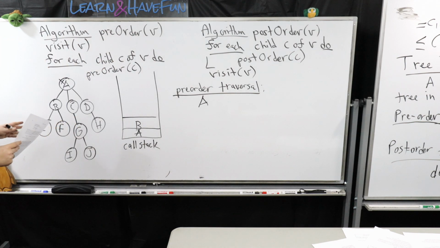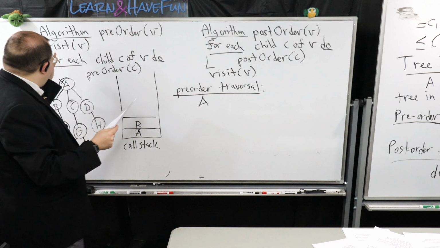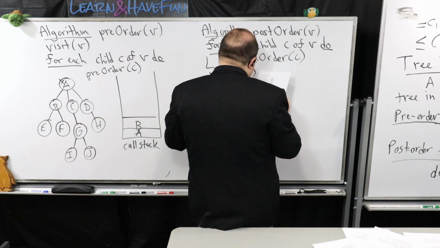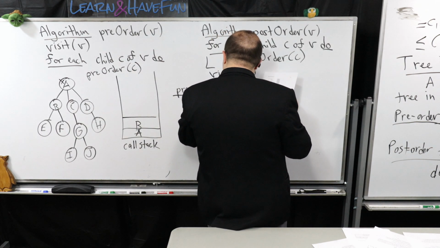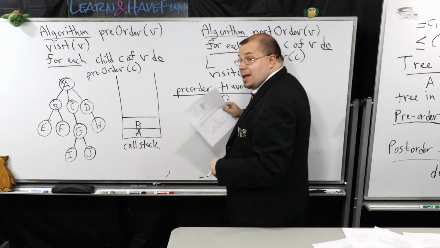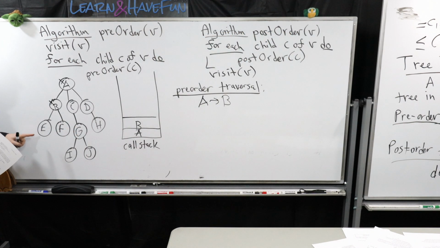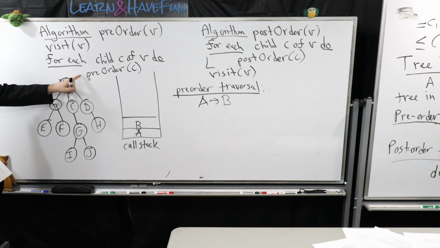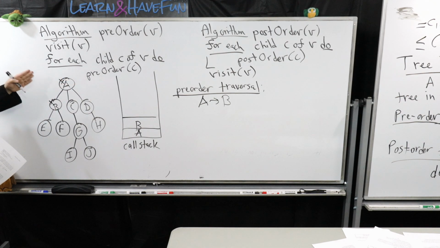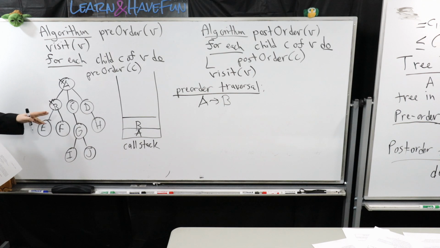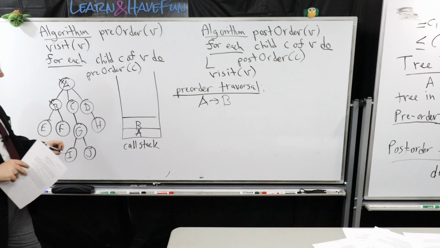So next, notice that I visit it. And then I examine my children, right? So I visited B, then I examine my children. Because remember, I'm still doing this recursive call, right? So when I do the initial call on B, so now I'm at B right now, I'm going to go through each of my children.